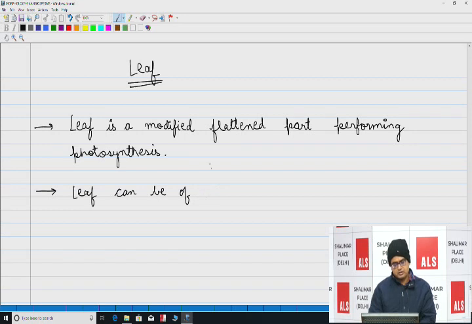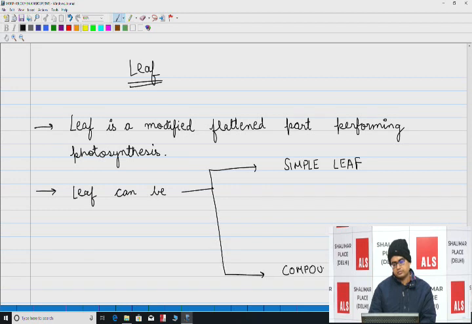Many types can be either simple or compound. Simple leaf or it can be compound leaf.